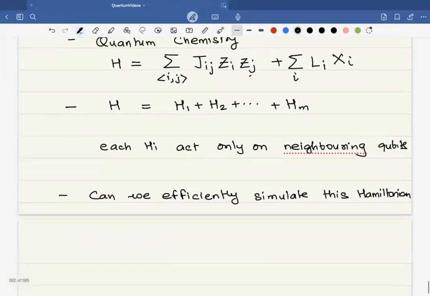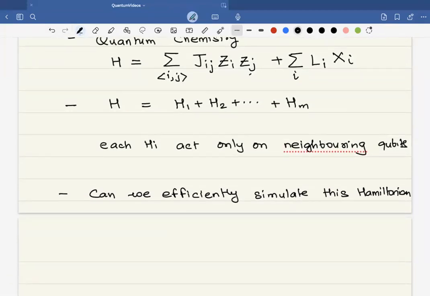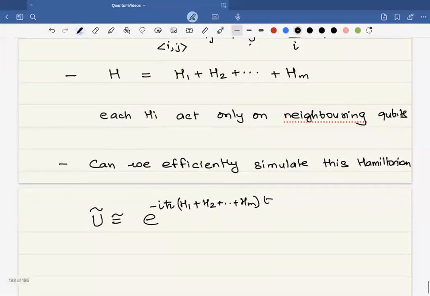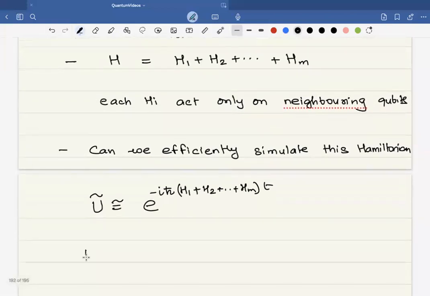And what does it mean to efficiently simulate? Well, it means that when we construct this unitary, let me call this U tilde, which will be an approximation to e to the minus i over h bar times (H1 plus H2 plus ... Hm) t, the number of gates that we use in U tilde is of order polynomial in n, t, and 1 over epsilon.